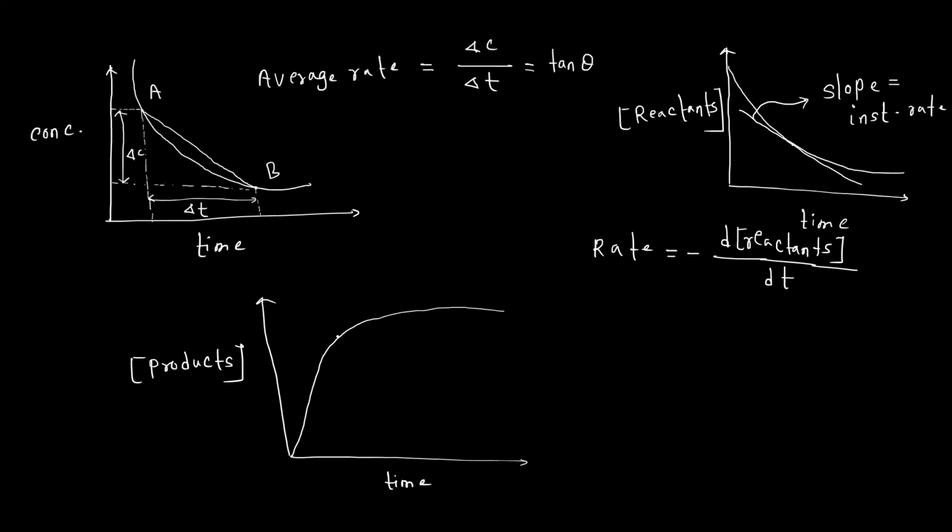If we want to find the rate of reaction at this point, we just draw a tangent at this point, and the slope of this tangent gives us the instantaneous rate of the chemical reaction at this point.